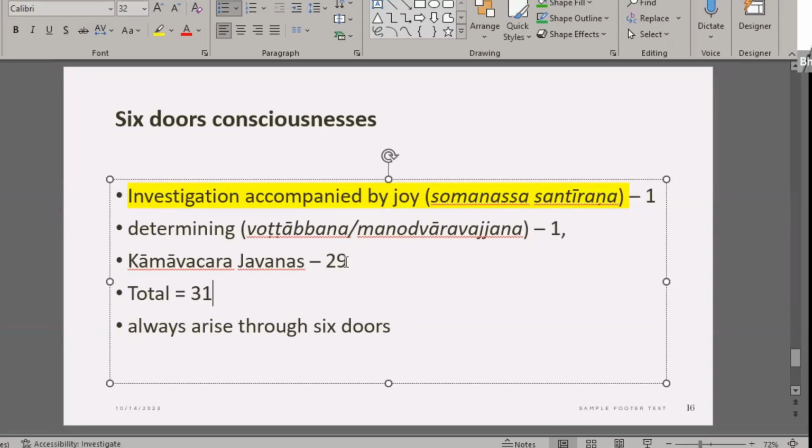Then Kamavachara Javanas. Seeing, listening, tasting, smelling, feeling tangible objects, attachment, anger, or wholesome nature may arise.